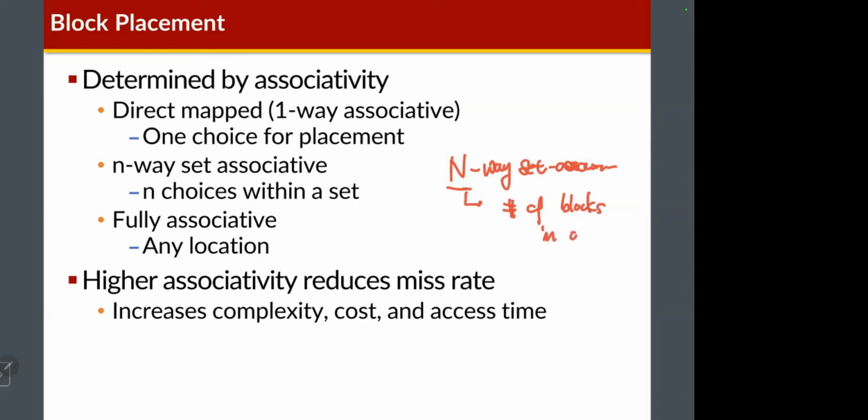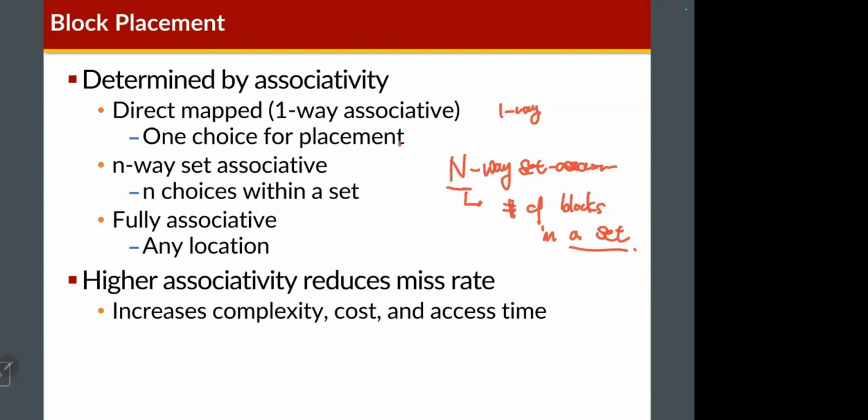So this N means the number of blocks in a set. Direct map means that this is the one-way set associative cache, which means that in a target set we can store just one block, so one choice for replacement. If we use the n-way set associative cache, then we can store n blocks in a single set.